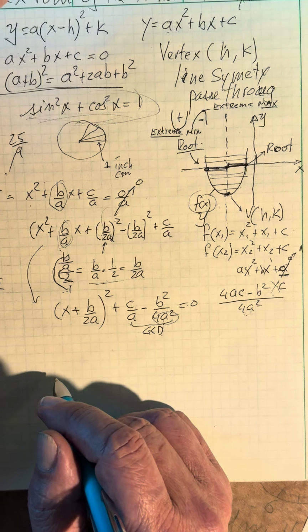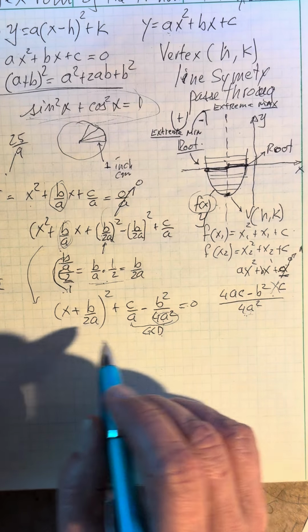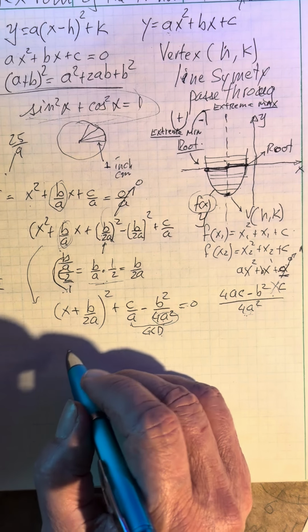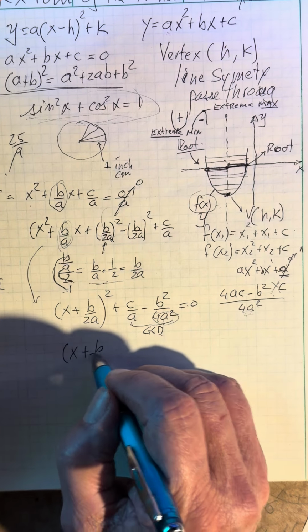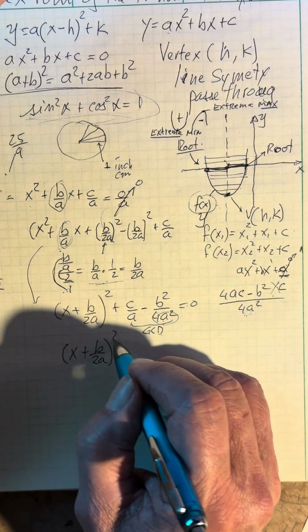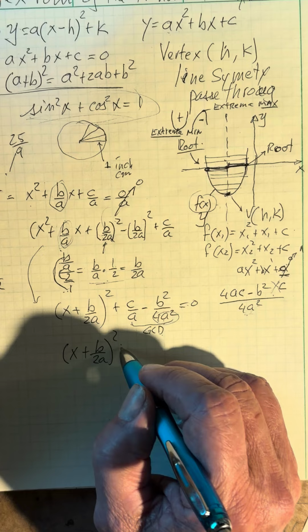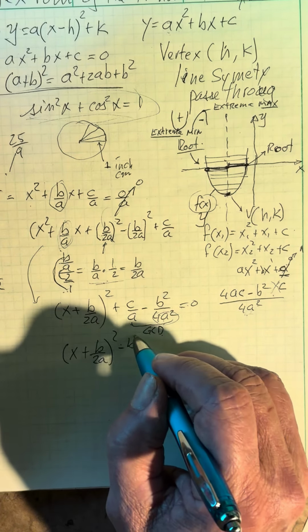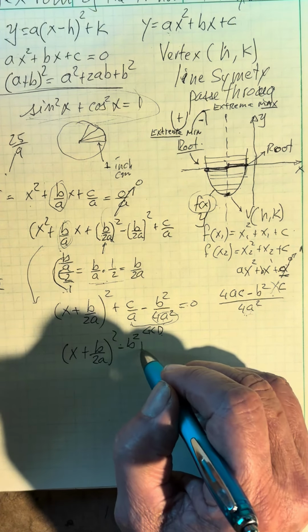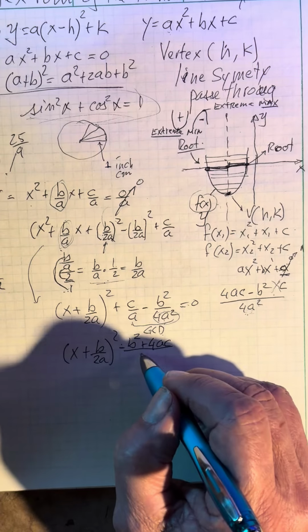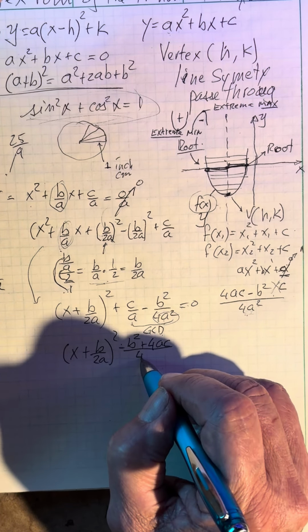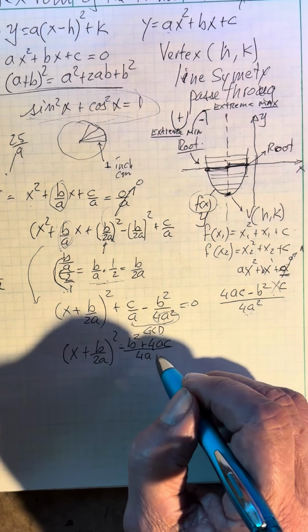Yeah, so we can rewrite that here: x plus b/2a squared plus, actually minus b squared plus 4ac, divided by 4a squared.